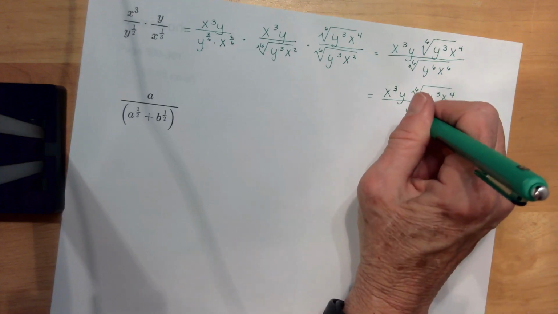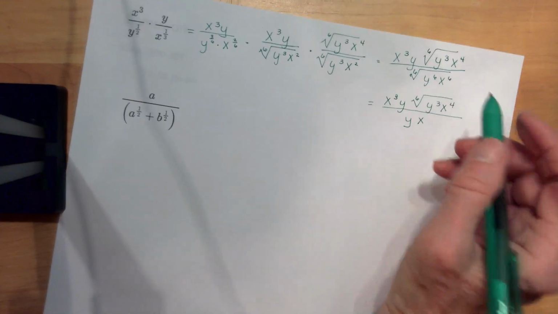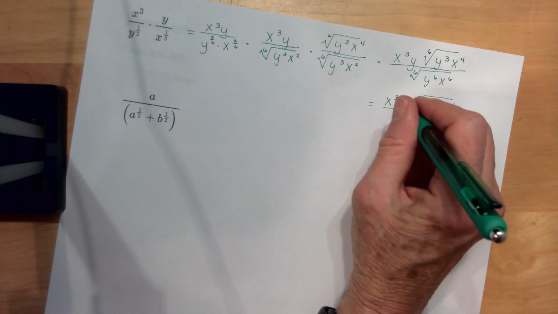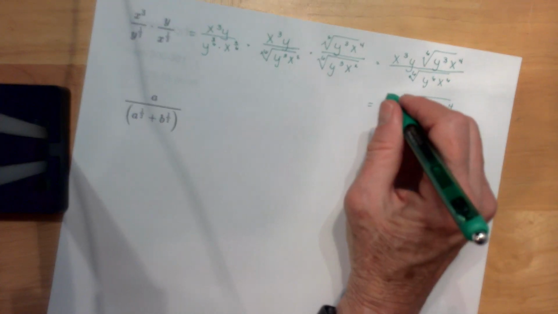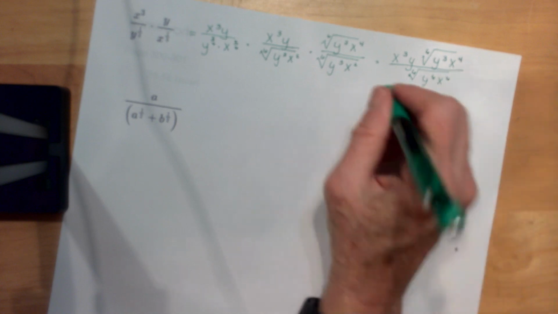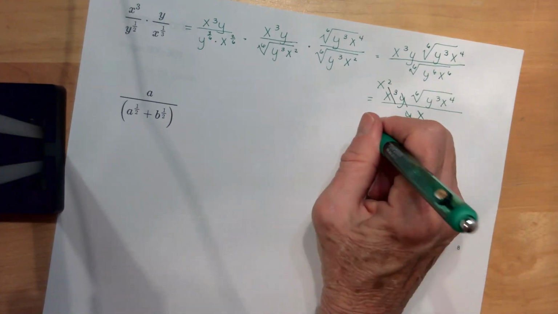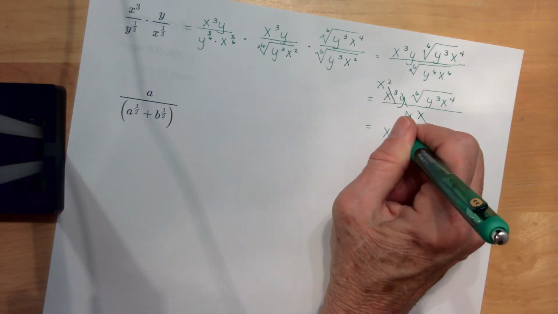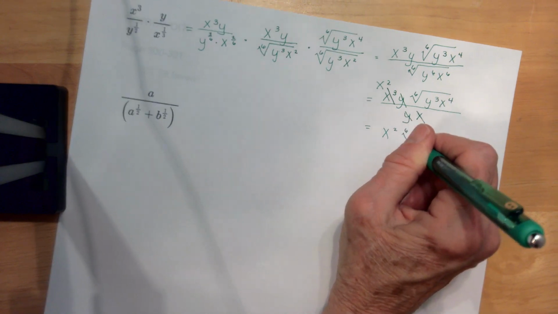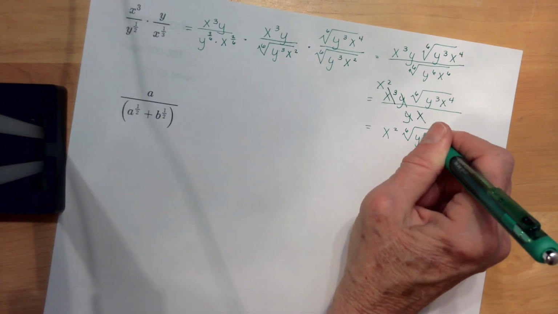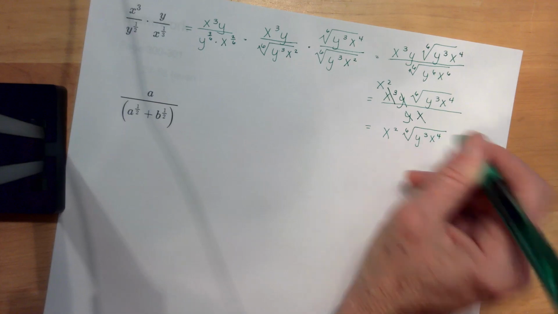And it's going to give me y and an x. Now, these two can be reduced down. The x over the x goes away, and the x cubed and the x becomes x squared. So your final answer on this is x squared on the 6th root of y cubed x to the 4th.